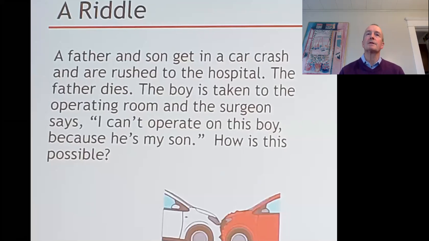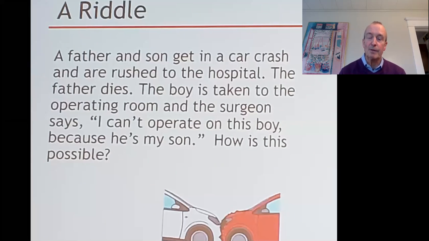This riddle still works today, 30 years after the first time that I heard it. And it works with a wide variety of people. And there will be all sorts of answers to this. For those of you who don't know, the answer is that the surgeon is the boy's mother.